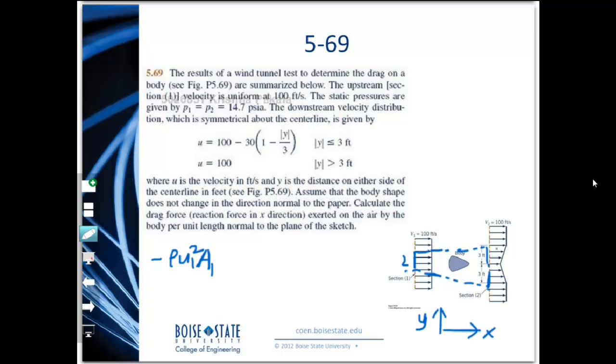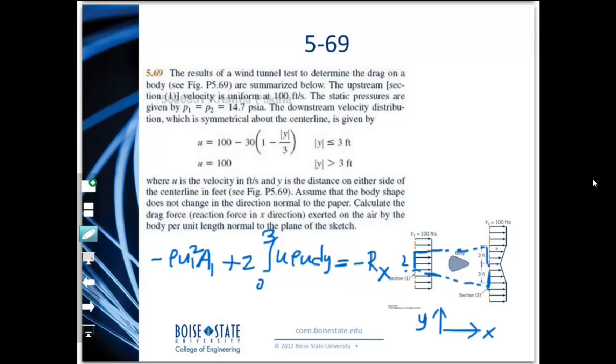So your integral will be 2 times 0 to 3, if this is my center line, so plus 2 times the integral from 0 to 3 feet of rho u squared dy, and that will be equal to minus Rx, which is what we are after.